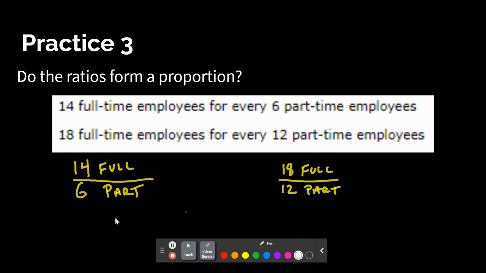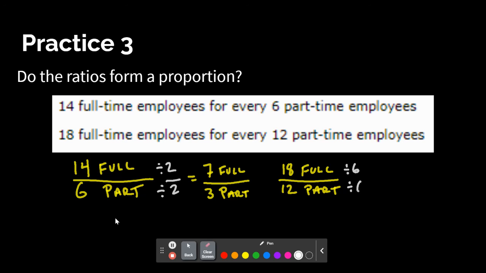Again, we're just going to reduce both of these ratios and see if they are equivalent. Both 14 and 6 are divisible by 2. And we get 14 divided by 2 is 7 full-time employees. 6 divided by 2 is 3 part-time. Let's see if we get the same thing over here. We're going to divide both top and bottom by 6.